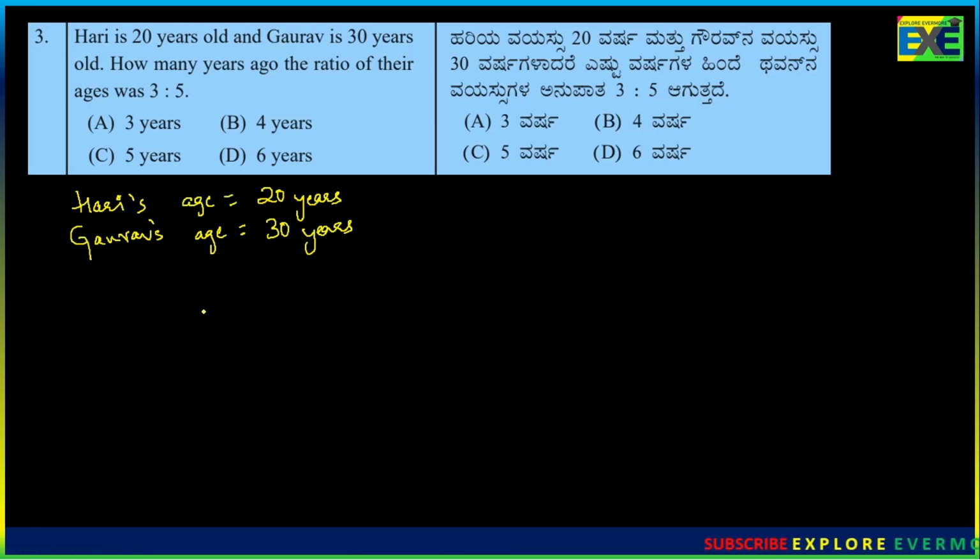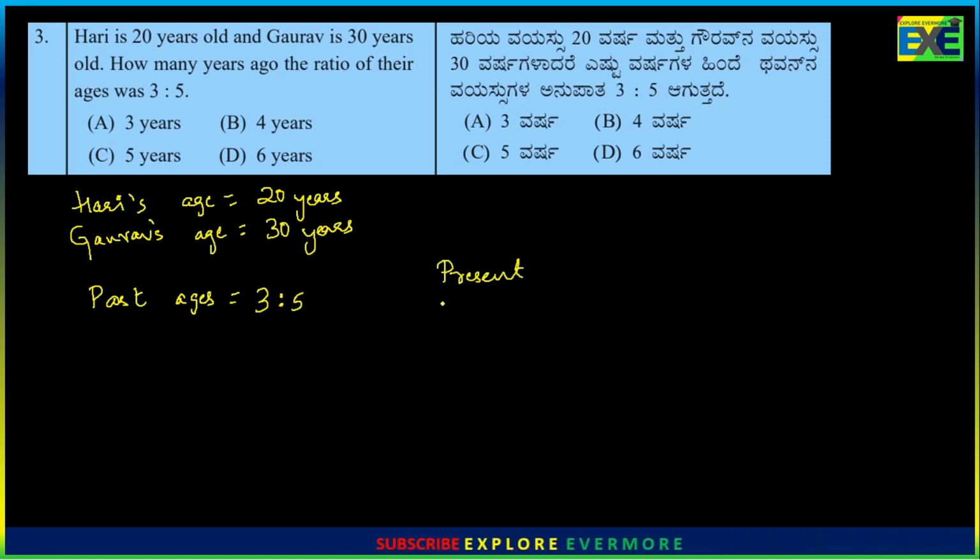Whenever you see a ratio, it is always like a fraction. So how to write it? For past ages, we only know the ratio, that is 3:5, but we don't know how many years ago. That we need to find. And the present ages are 20:30.